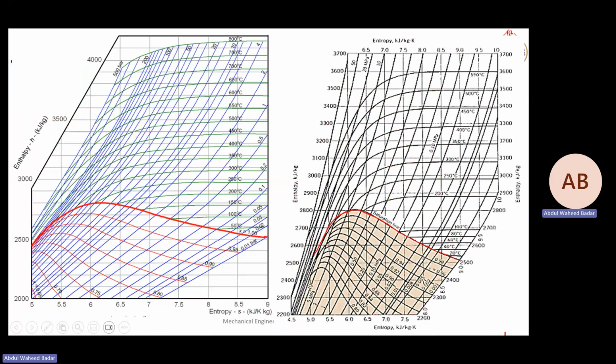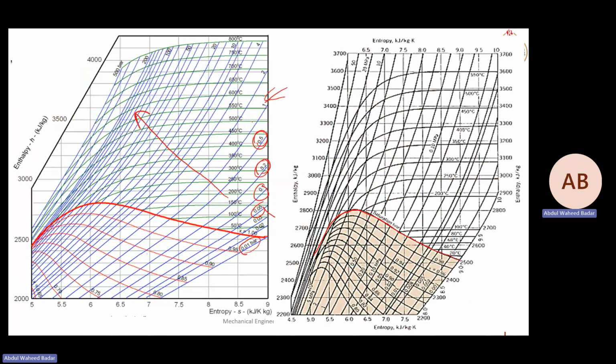Because here, these blue lines are pressure lines. On this chart, the unit of these pressure lines is bar. 0.01 bar, 0.05, 0.2 bar, 0.5 bars. So all these are in bars. These are pressure lines. Okay. Where are the temperature lines?